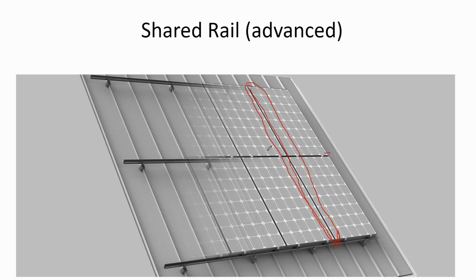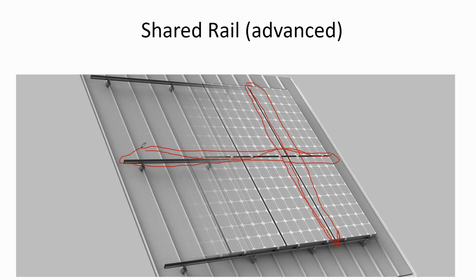And then with the use of flashing tape, you can make a completely watertight array surface, which is how, on that bifacial picture, the solar panels were the actual roof itself.